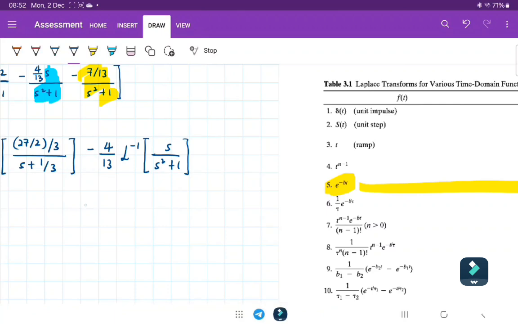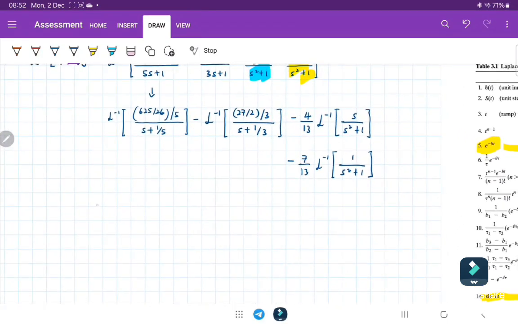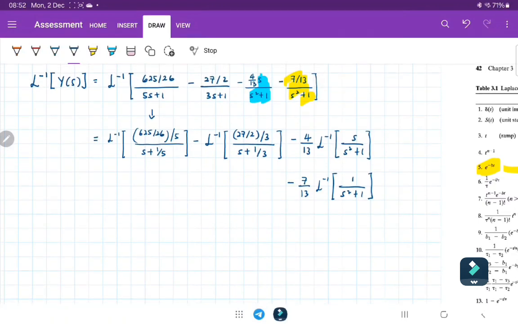Here I have minus 7 over 13, but remember you need to have your omega. In this case you are lucky because your omega is 1, so you inverse Laplace 1 over s squared plus 1. So you put all the terms and simplify.